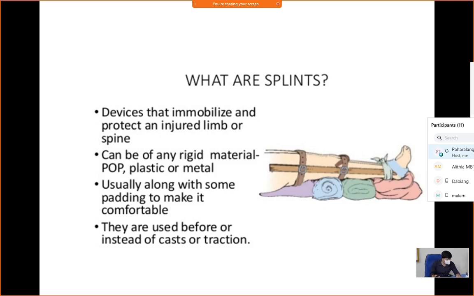Besides acting as an immobilizer, it can be used as a treatment for that fracture. If it is an undisplaced fracture and there is no open wound, then we can continue with the splint for 1 or 2 months, and this will be the sole treatment for that patient.